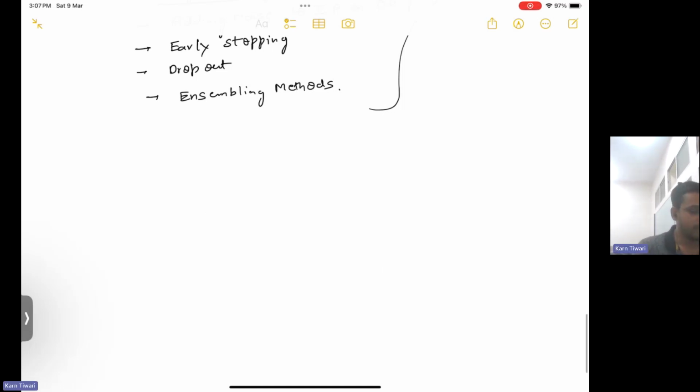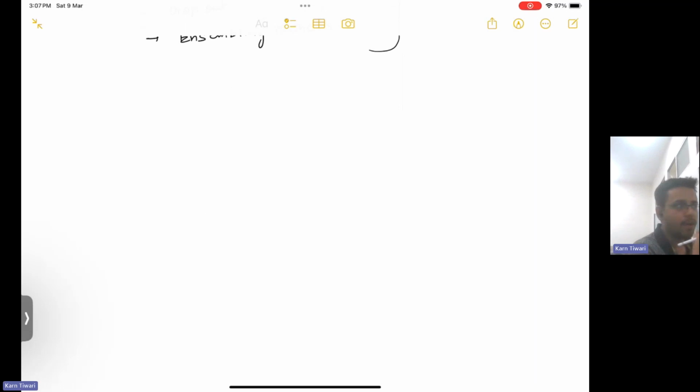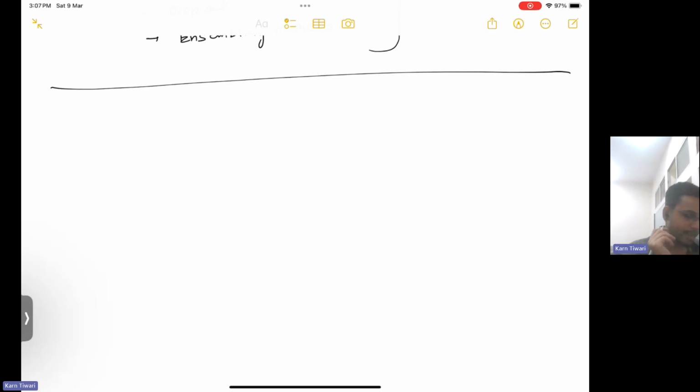So firstly, we'll be talking about the bias variance trade-off. What is bias, variance, and trade-off? As I mentioned, the real world data set is very complex. And the neural network, ChatGPT, if you see, many of you might be using ChatGPT. It consists of billions of parameters, 7 billion, 70 billion, like that.